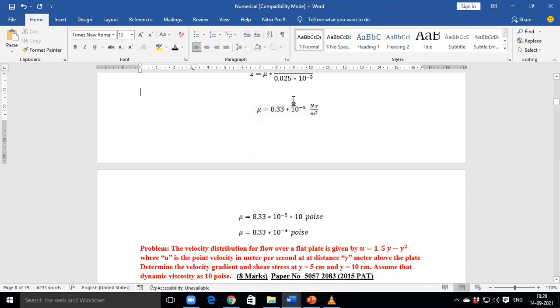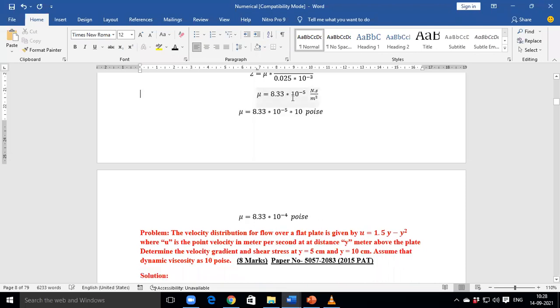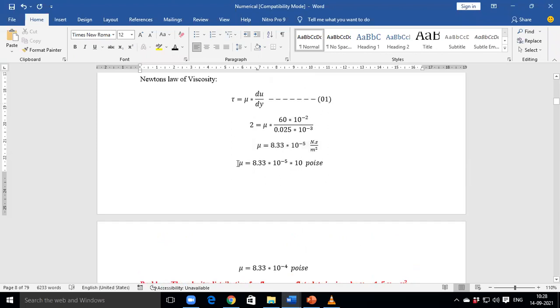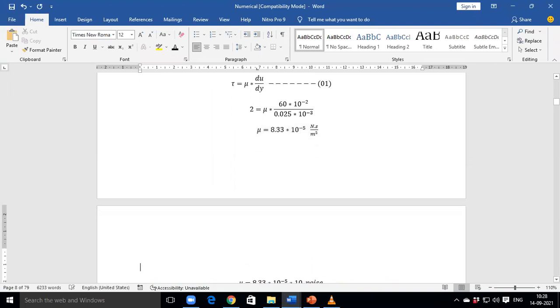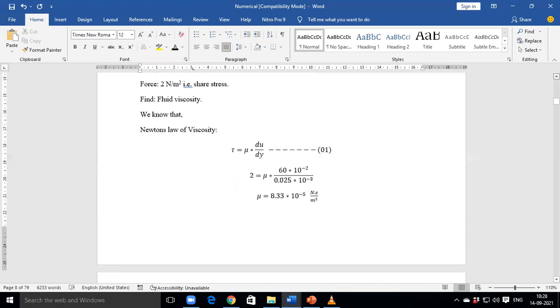Simplify it and tell me fast. Mu is equal to 8.33 into 10 to the power minus 5 Newton second per meter square. Do the calculation and tell me whether the answer is the same or different.